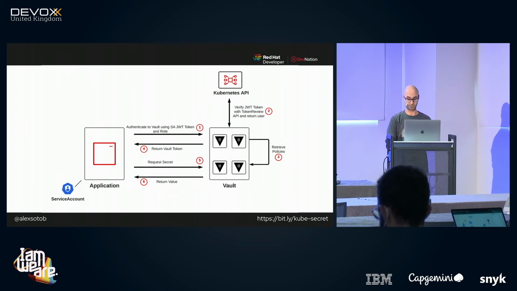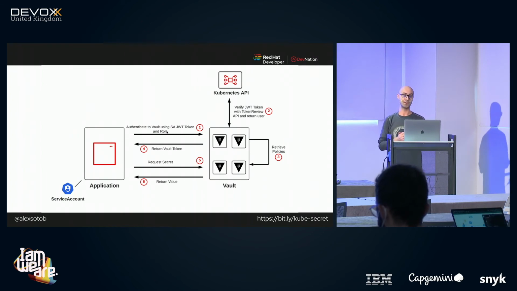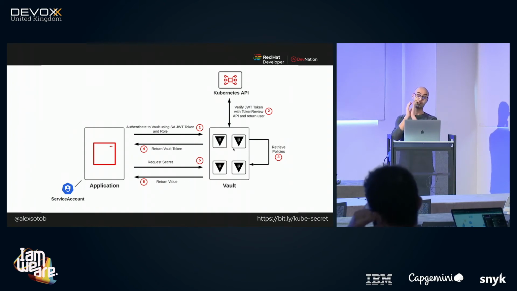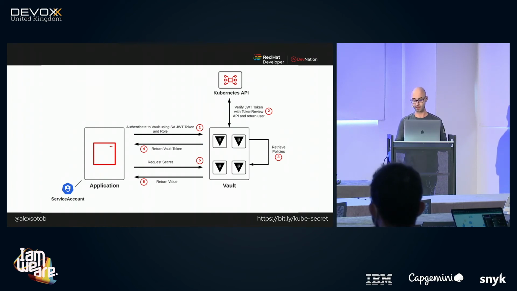And since I was provided the role, I know that this application has a specific role. So it's a true Kubernetes application with a valid token. Then, with the role, I retrieve the policies.